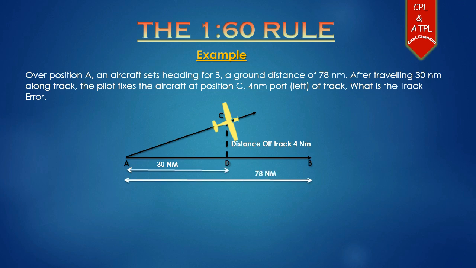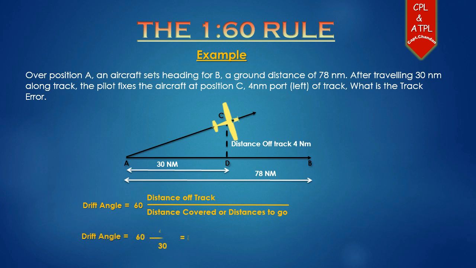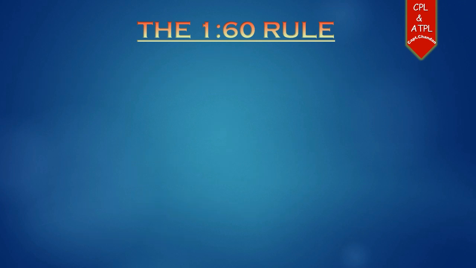What is the track error? So we will apply the 1:60 formula. Drift angle, that is track error, equals 60 times distance off track divided by distance covered. Put in all the values, and after solving, our track error is 8 degrees.